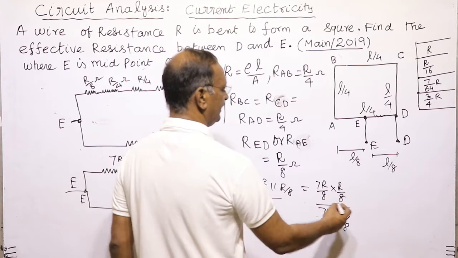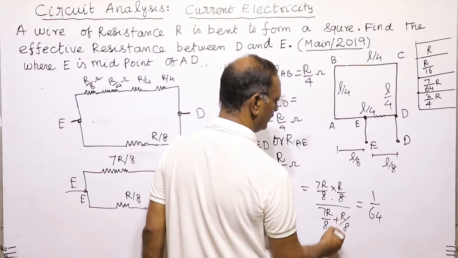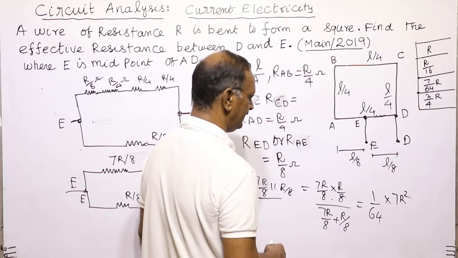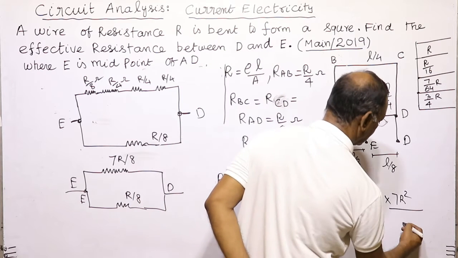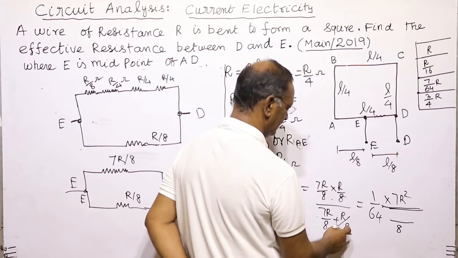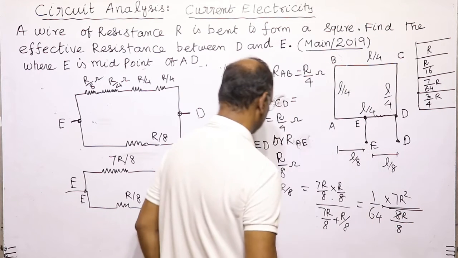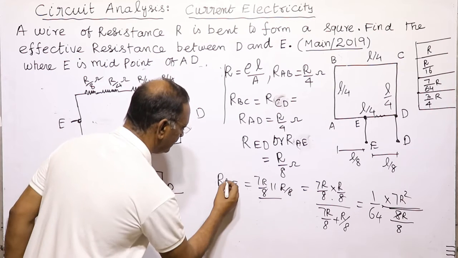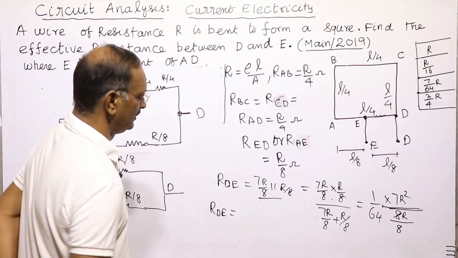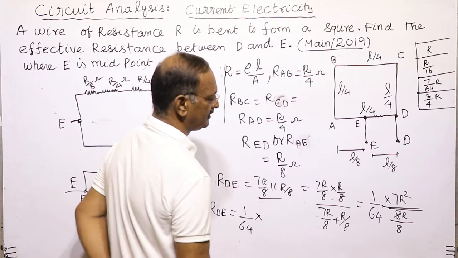So this is 8 into 8, which is 1 by 64. This is 1 by 64 into 7R square in the numerator. In the denominator, we take 8 as common, which gives 8R. So now R between D and E is equal to 1 by 64 into 7R square by 8R.